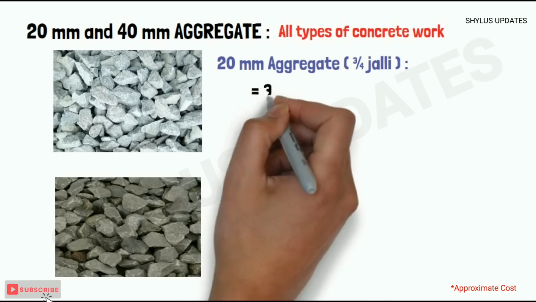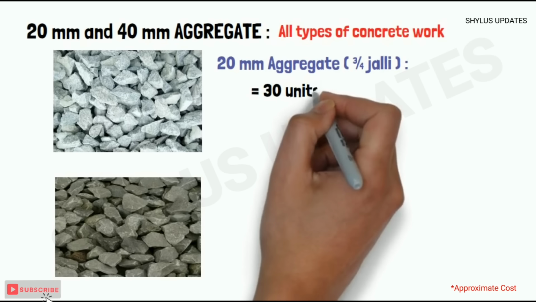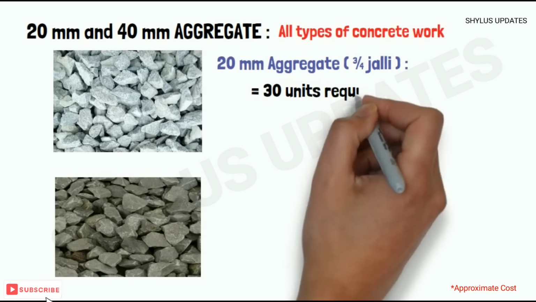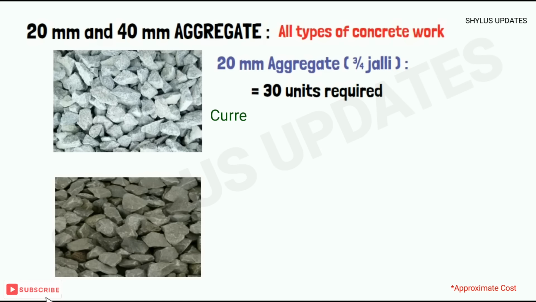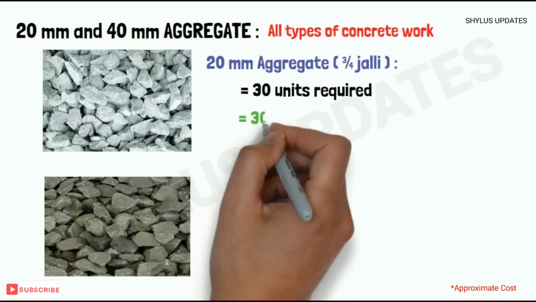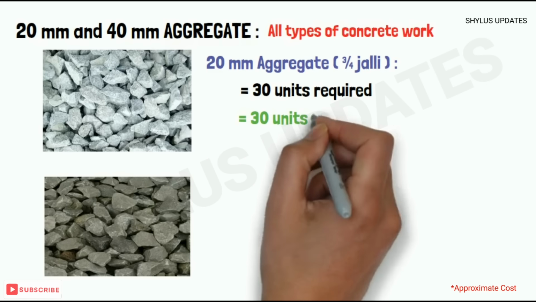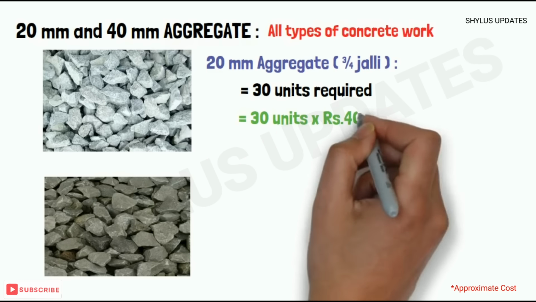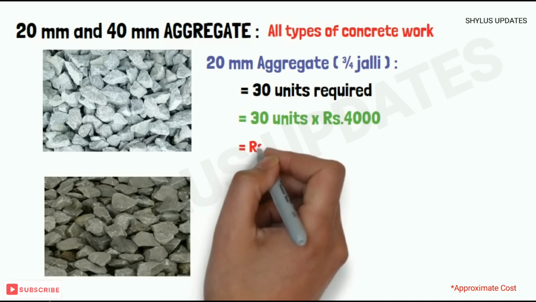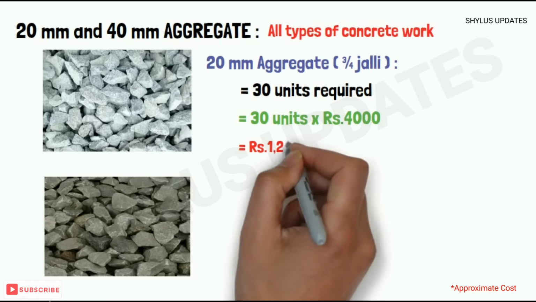For a 2000 square feet house, 30 units of 20 mm aggregates are required. The current market rate of 20 mm aggregate is rupees 4,000. When you multiply 30 units into rupees 4,000, you get rupees 1,20,000.